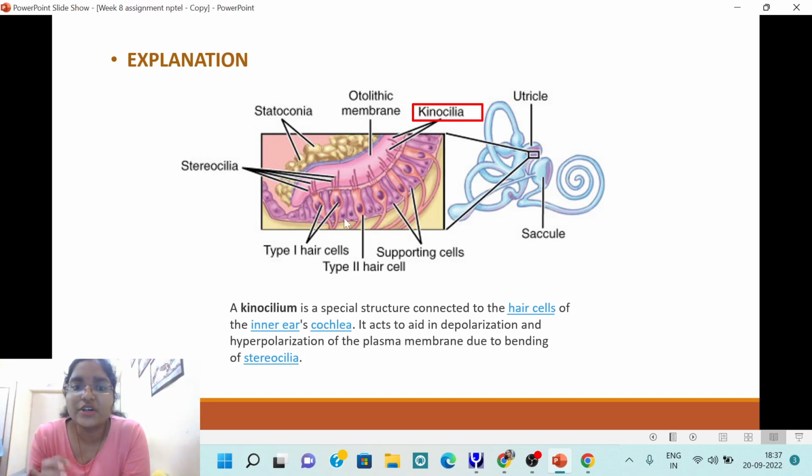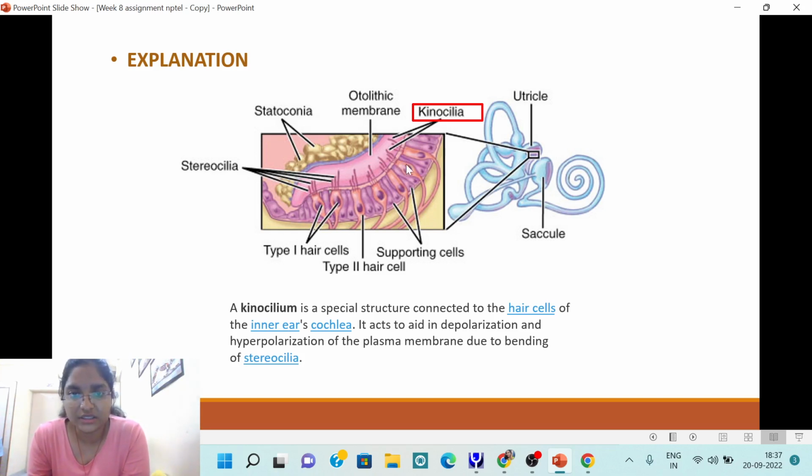What is the function of the kinocilium? It aids in depolarization and hyperpolarization of the plasma membrane due to the bending of stereocilia. When these small hairs called stereocilia bend, they help the kinocilia in polarization of the plasma membrane.